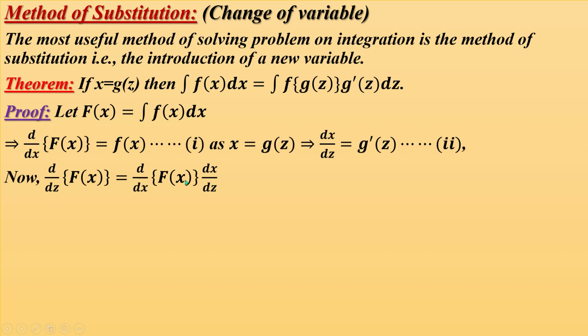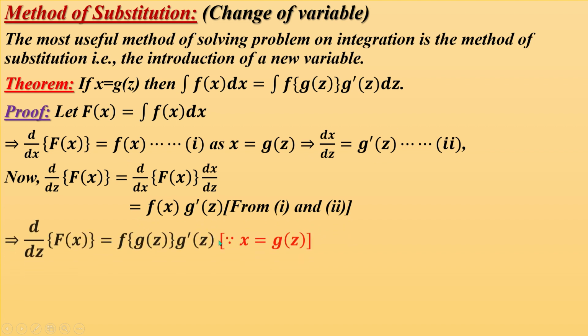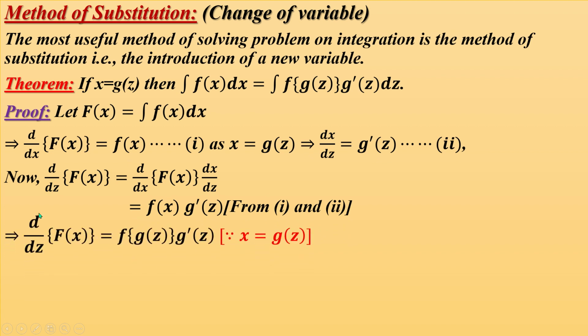Now the derivative of capital F of x with respect to x equals small f of x, and this we can write as g prime z, from 1 and 2. Now the derivative of capital F of x with respect to z equals this, because here x is equal to g of z.